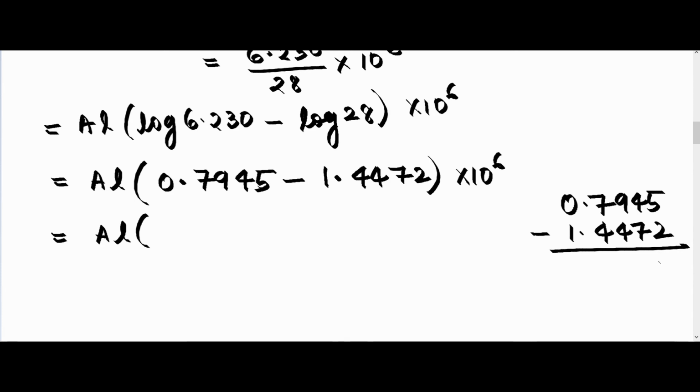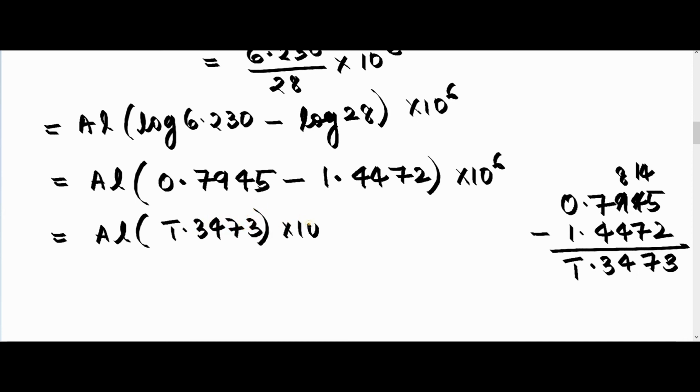On performing this subtraction, what value do you get? 5 minus 2 is 3, 14 minus 8 is 6... and 7 minus 4 is 3, and 0 minus 1 is bar 1. So bar 1.3473, with 10 raised to 6.